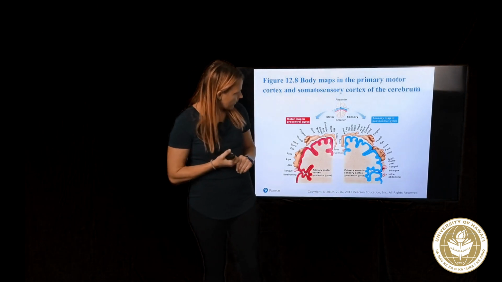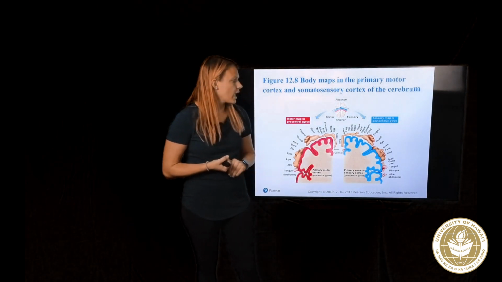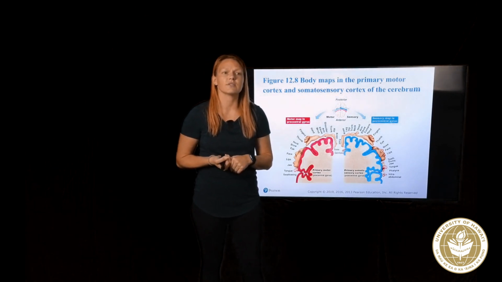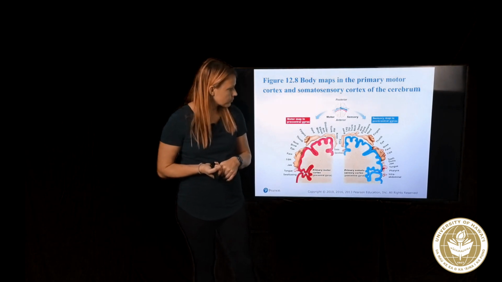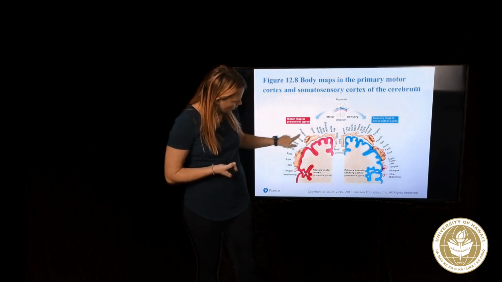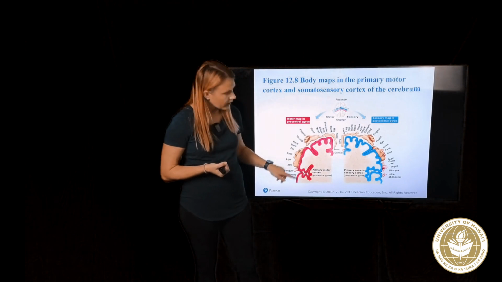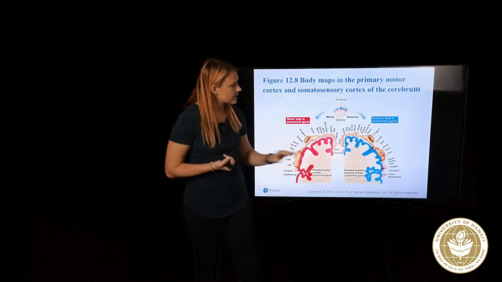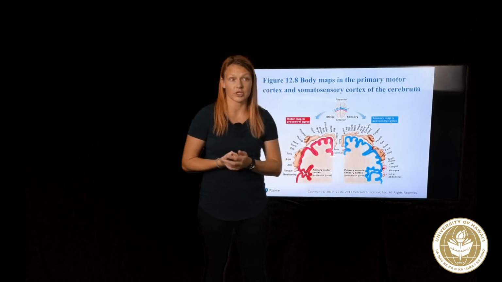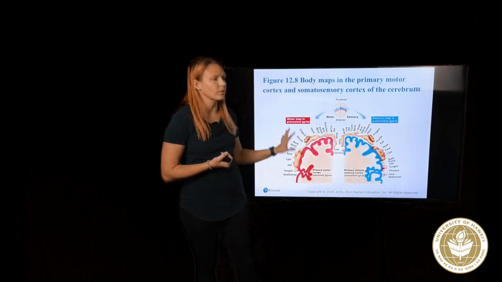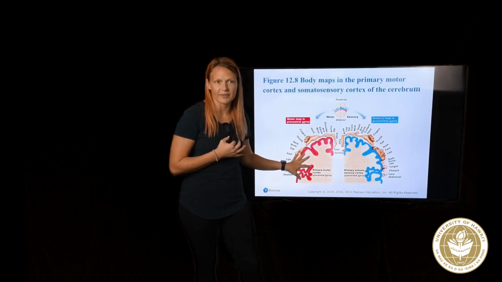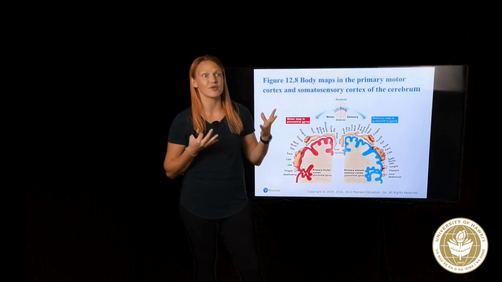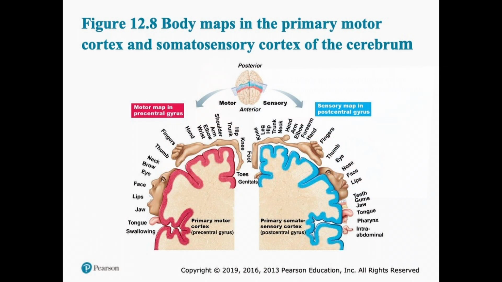So you'll notice if it is more anterior, then it's going to be more the motor information. So this is the motor map. This is more that anterior portion of the brain. Whereas if it's more posterior, then it's more of this sensory information. So we're going to talk more about this. We'll label all this later, go more in depth with this figure. But I just wanted to show you this as kind of a preview of how really cool our brain is.